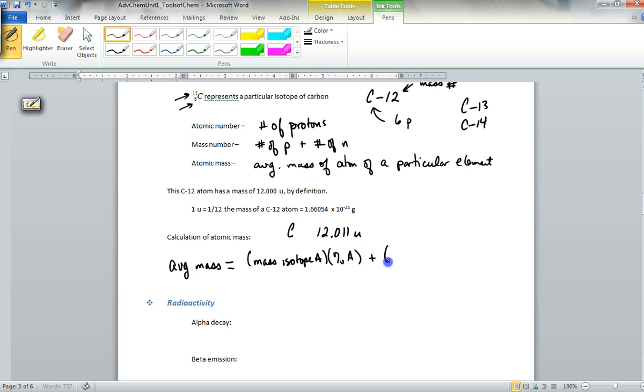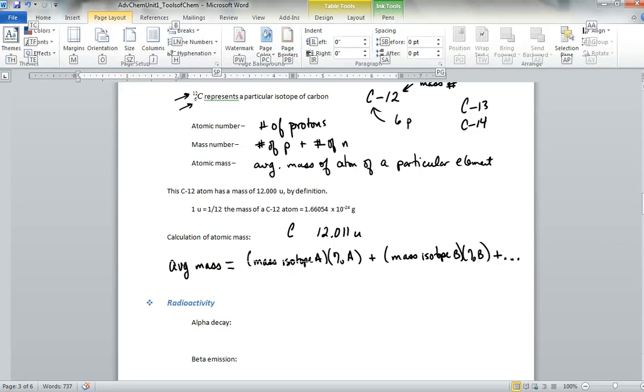To that, we add the mass of isotope B times the percentage of B in the sample. And we continue. So if we have a third isotope, we will go ahead and take its mass times its percentage. If we have a fourth one, we take its mass times its percentage, and we add them all up. And that answer that we get is the average atomic mass.